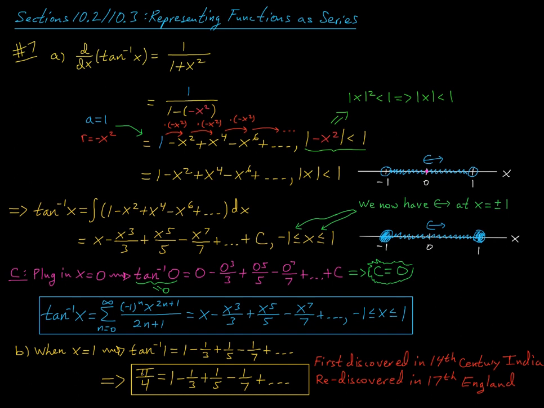Okay, and I think one of the things that makes it remarkable is that this number pi, I mean, this is a number that captures people's imaginations, right? It's equal to the ratio of the circumference of a circle to its diameter. Okay, but what this identity is saying is that we can generate the number pi.